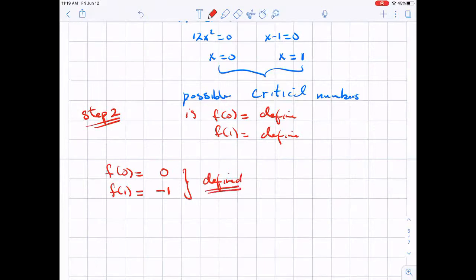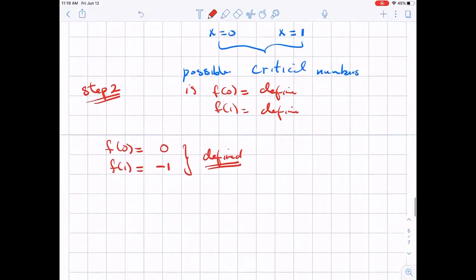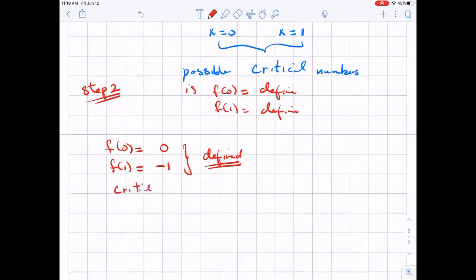Now, what we have to do is evaluate f at each endpoint. So these were the critical numbers. Here we now look at the endpoints. The endpoints given were: what is f of -1 and what is f of 2.